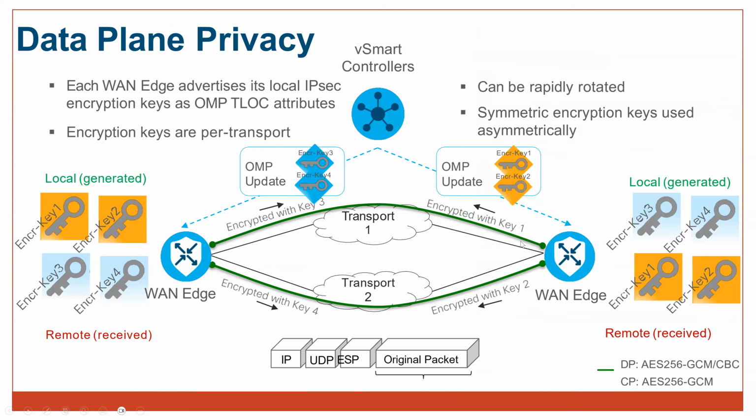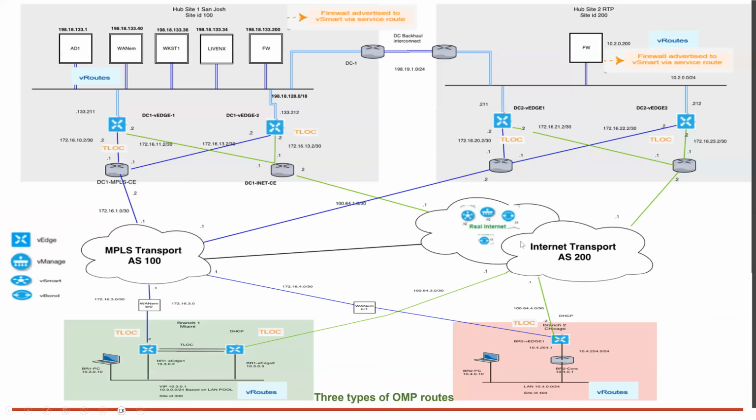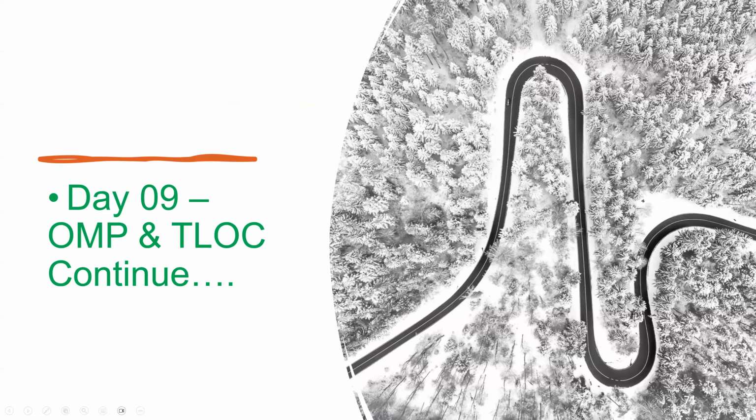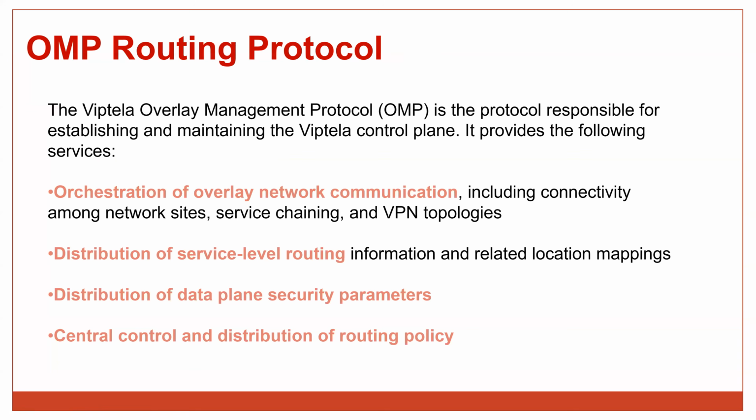I'll come back to TLOC. First, the different attributes of OMP, and what is OMP first of all. The Viptela Overlay Management Protocol is a protocol responsible for maintaining the control plane. We know that. Why? Because OMP is working in between VSmart and VEdge.